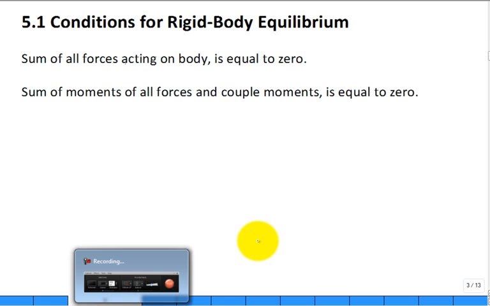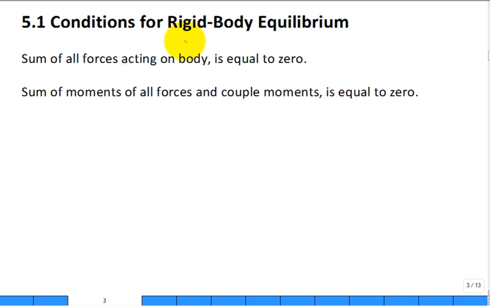So I already mentioned this, talk about the conditions for rigid body equilibrium. Sum of all the forces acting on the body is equal to 0. And the sum of all the moments of the forces. Sometimes they'll say sum of all the moments and couple moments.